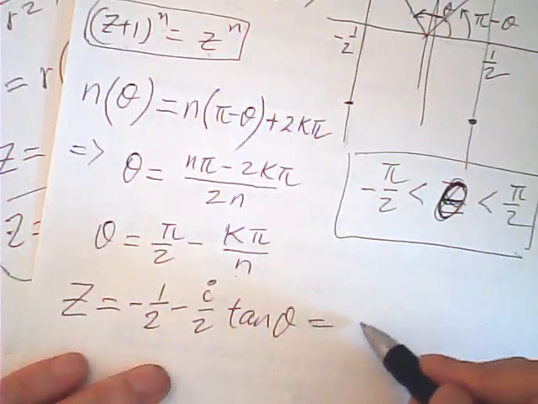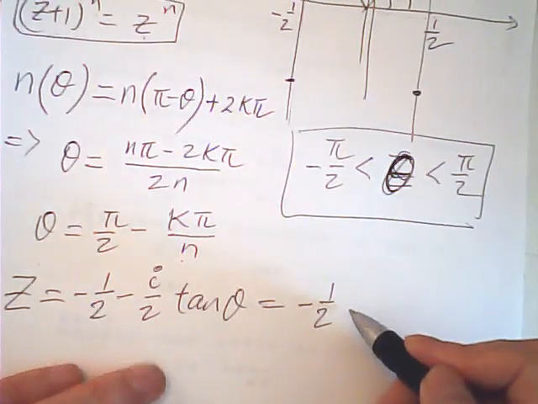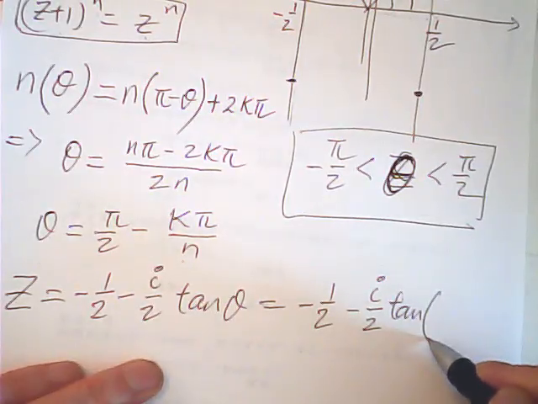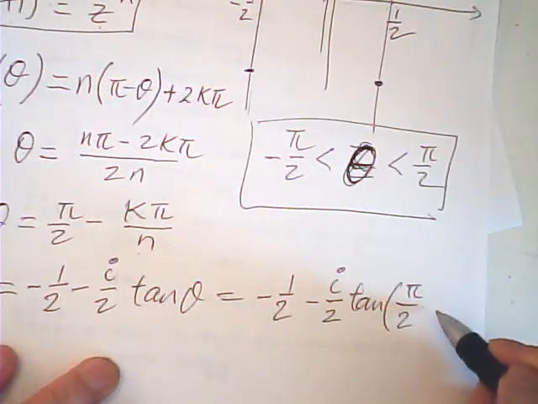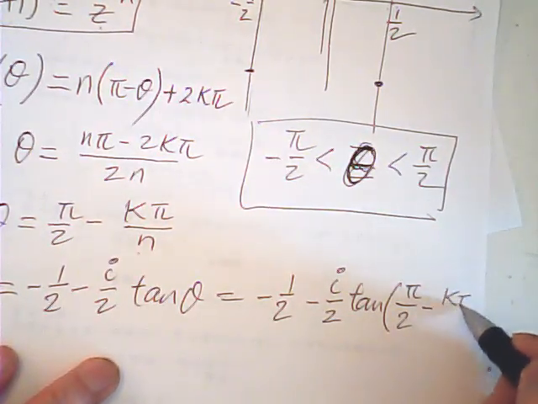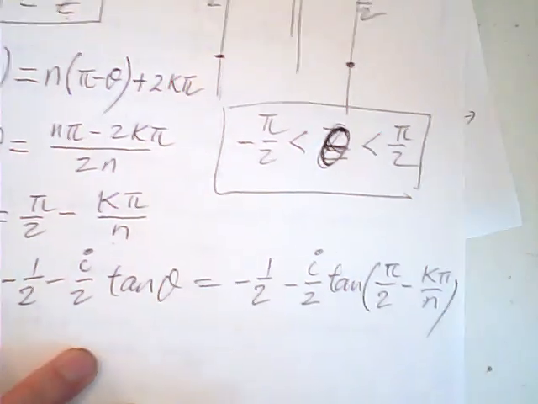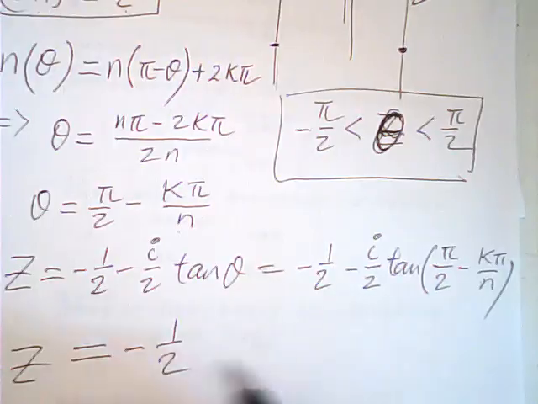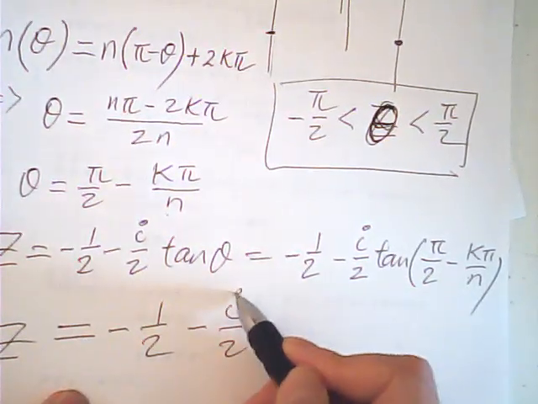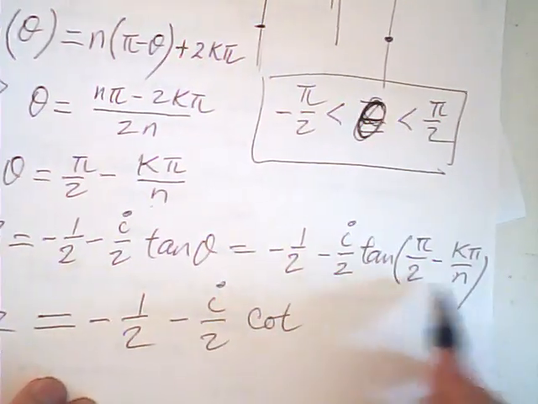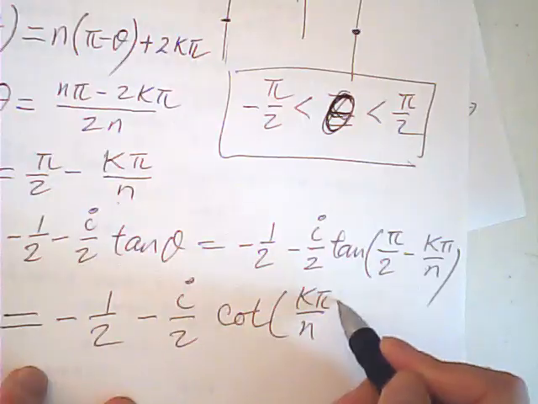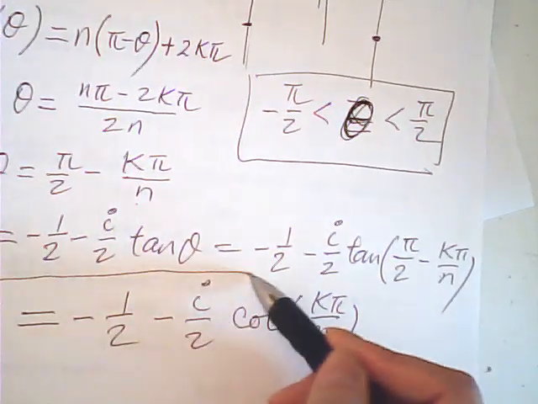See, that is this. And then we replace theta there, so it is equal to negative half minus half i tangent of half pi minus k pi over n. So this becomes negative half minus half i, this is a cotangent, right? This becomes cotangent of k pi over n. Wow. So we get the result.